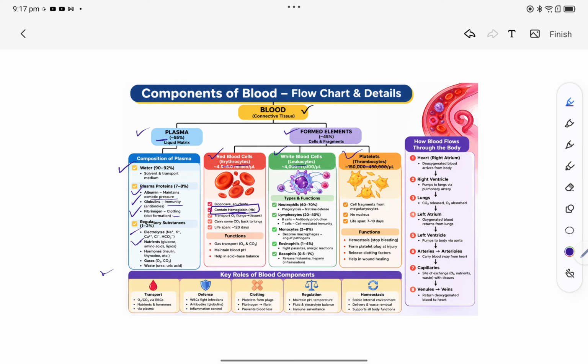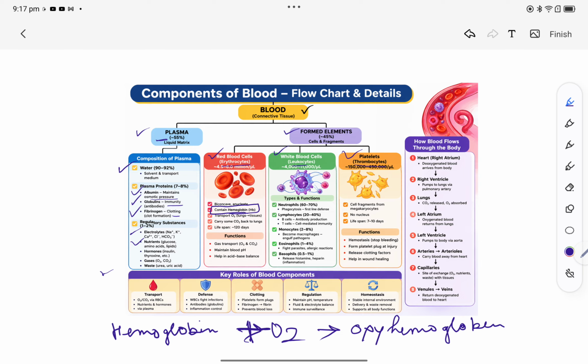Now hemoglobin binds with oxygen and makes oxyhemoglobin, and transports it throughout the body, to every part of our body.